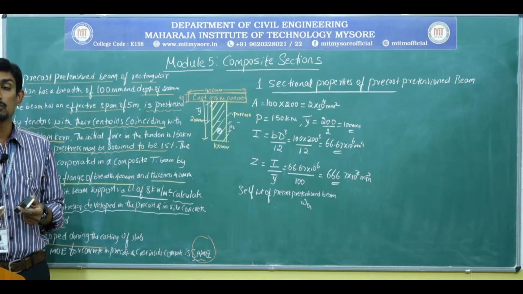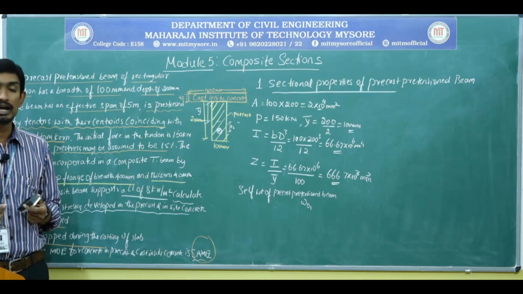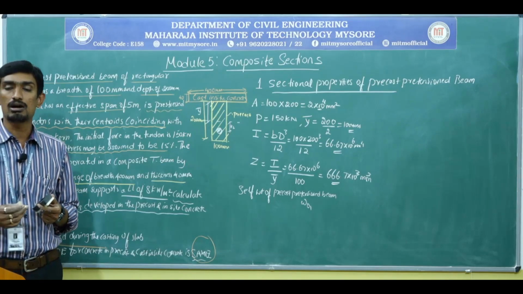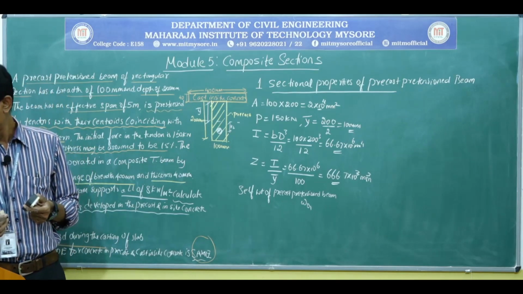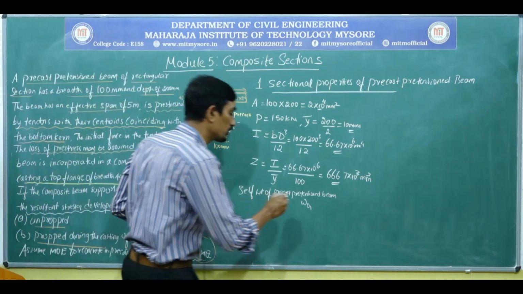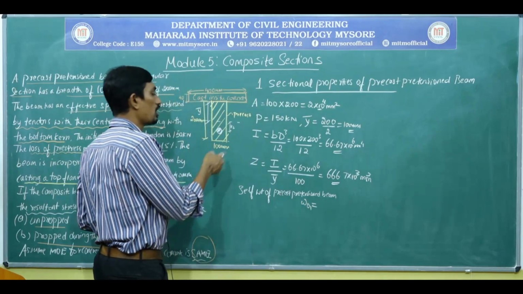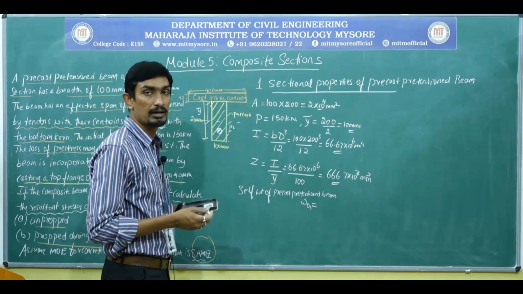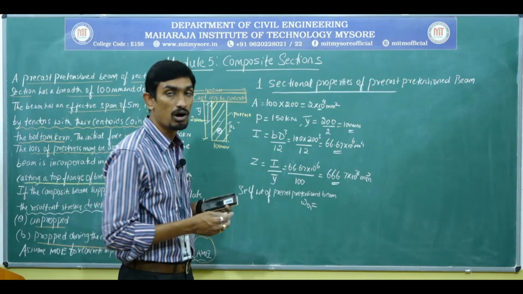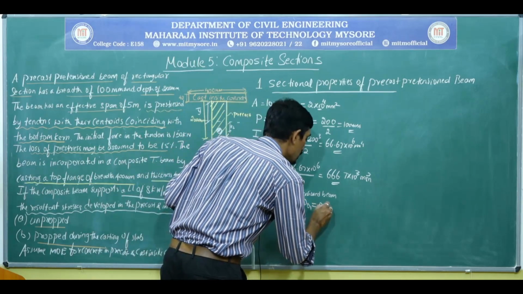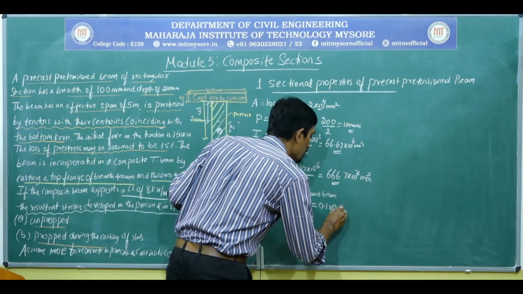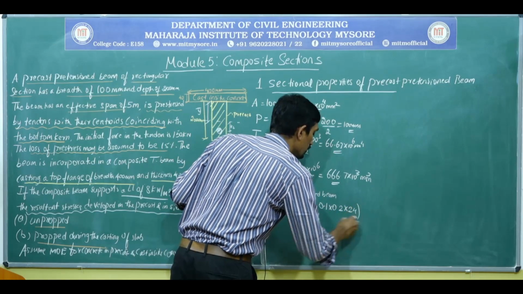WD1 indicates self weight of the precast pretension beam. So how to calculate that? We already know, cross sectional area multiplied by the density of concrete. So that is 0.1 into 0.2 into 24.